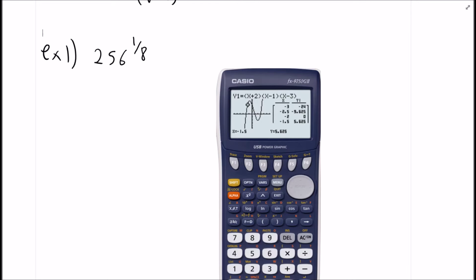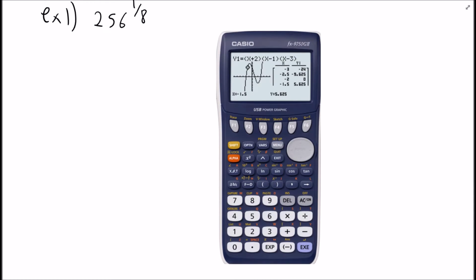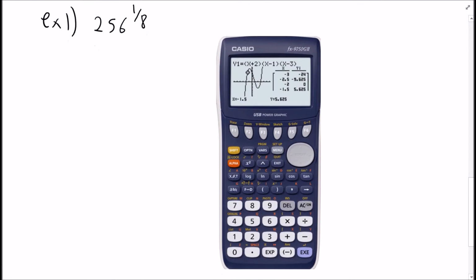Okay, so we should talk about how I do this on a calculator. So I've brought up the FX9750G2, which is probably the calculator you're using, and you'll notice that if I want to find the 8th root of 256 on the calculator, I want to use this button right here.